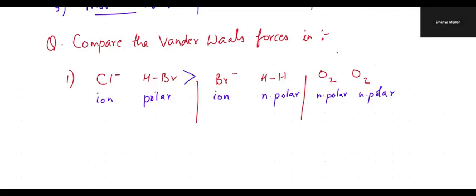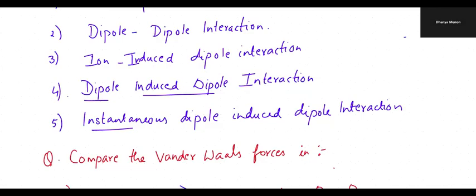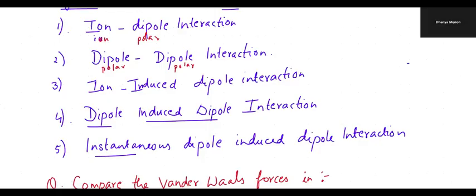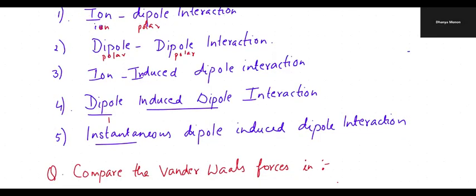Yes, so if we look at the types, the first one is ion and dipole, which means polar. This is polar, this is polar. Right. The fourth one is polar and non-polar.